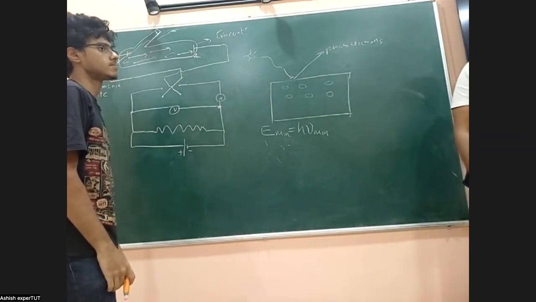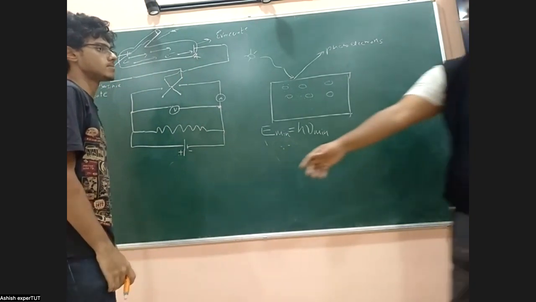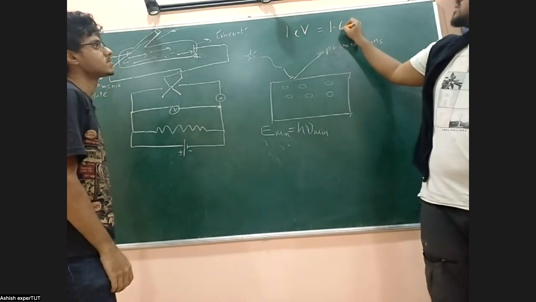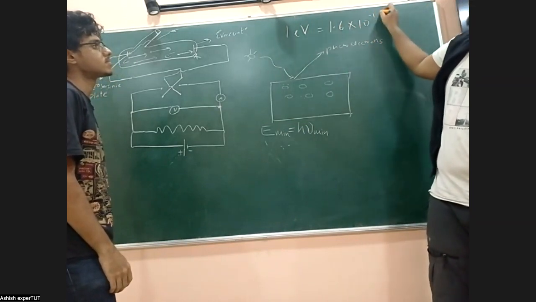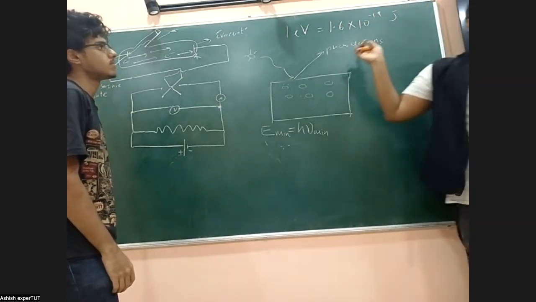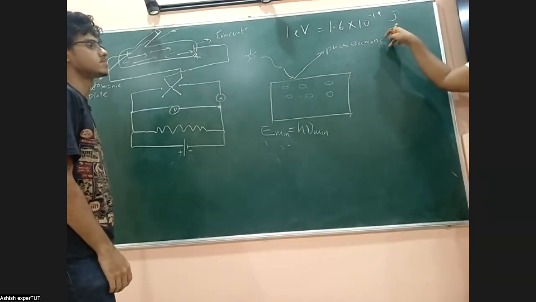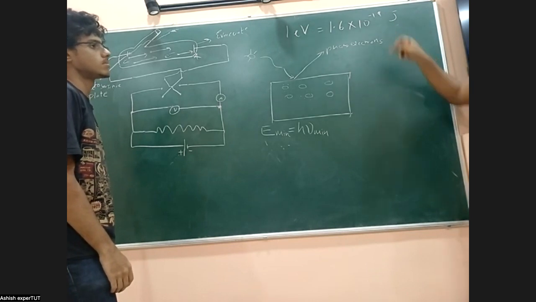There is another unit. The unit conversion you should know: 1 electron volt is 1.6 into 10 power minus 19 joule. You write this. Today's discussion will be done in joules, but everything should be done in electron volt. Okay. Fine.